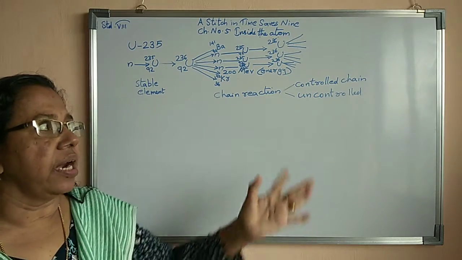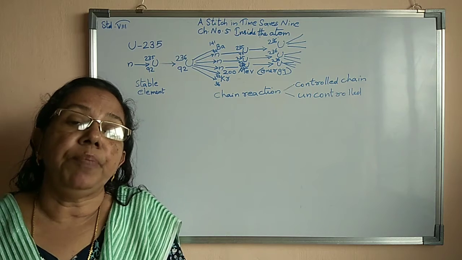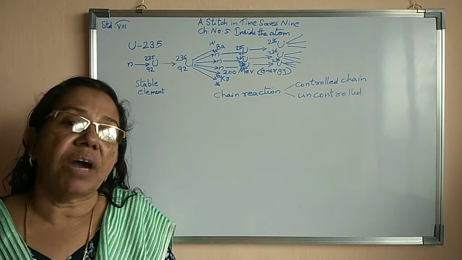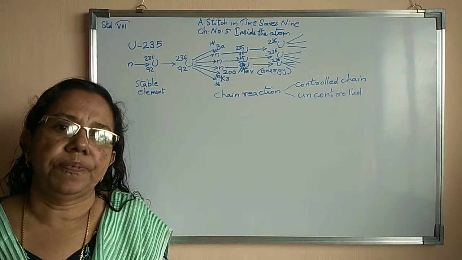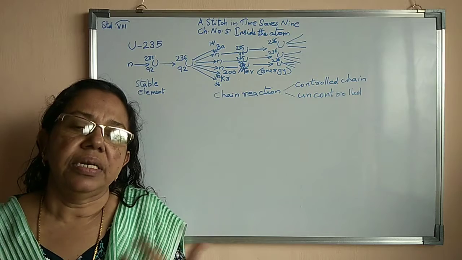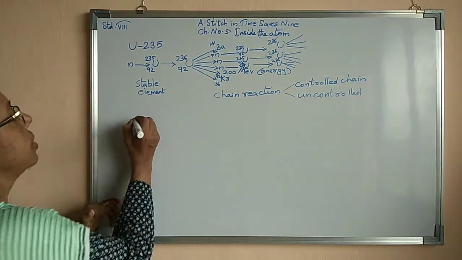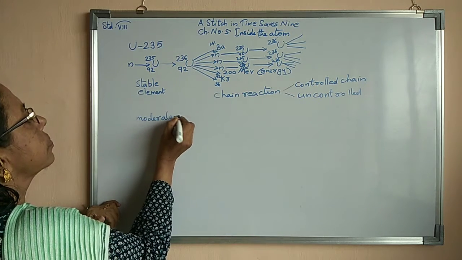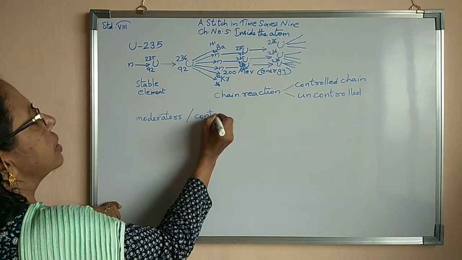If we are not controlling the chain reaction, a very big accident may occur. For avoiding that, inside the nuclear reactor they are using moderators as well as controllers.